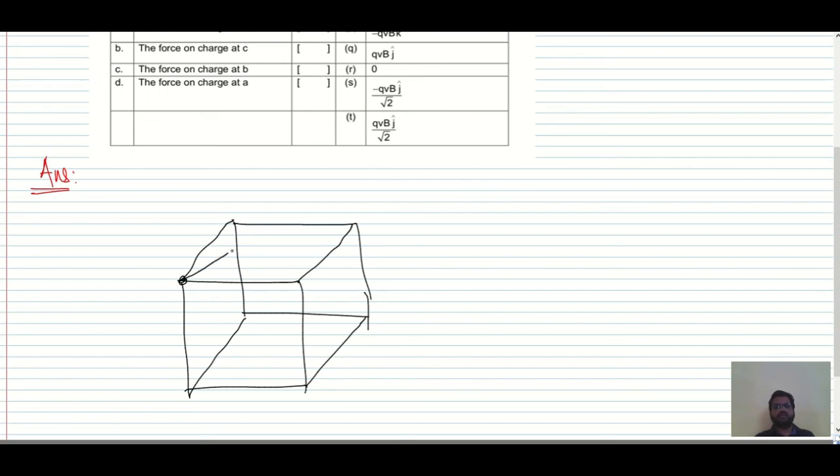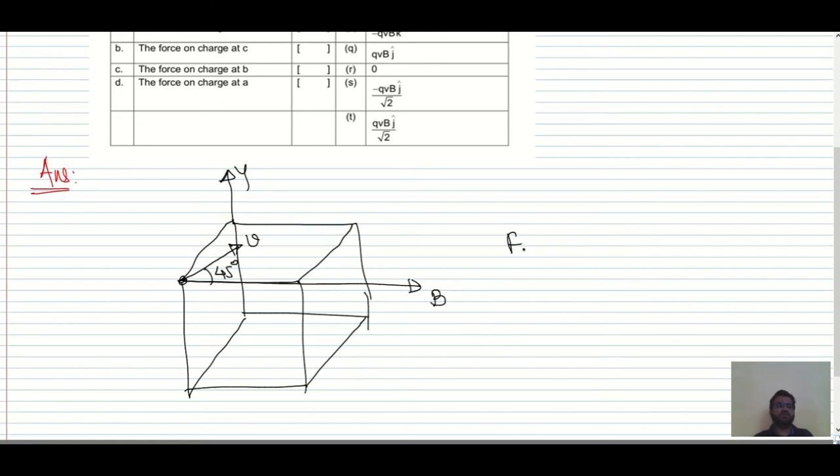At D, this charge is moving in this direction at an angle of 45 degrees, exactly the bisector, so with respect to the x-axis it makes an angle of 45 degrees, and along the x-axis magnetic field B is there. So the force is along V bar: stretch the fingers along V bar and curl them towards B bar, and the thumb points in the downward direction. They gave this as Y, so downward indicates minus j.